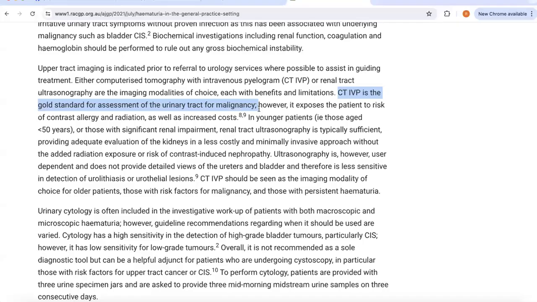Then you would definitely do a CT IVP for them. But for younger patients, less than 50, who don't have that many risk factors, ultrasound is sufficient. And also for female patients or pregnant patients, especially pregnant patients, you would not go for a CT, you would go for an ultrasound.